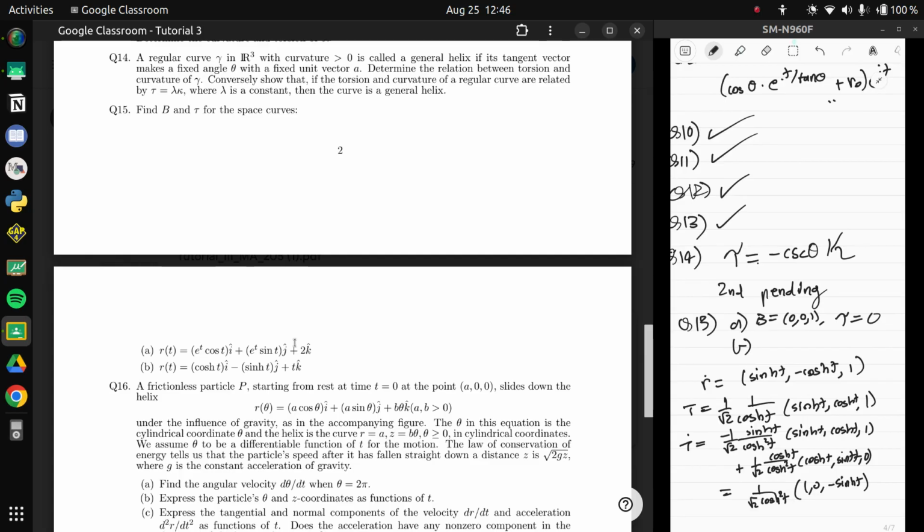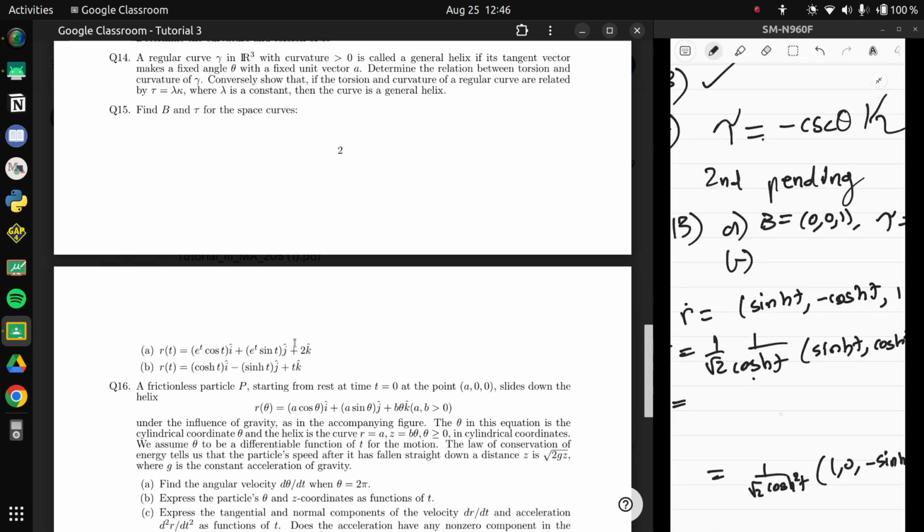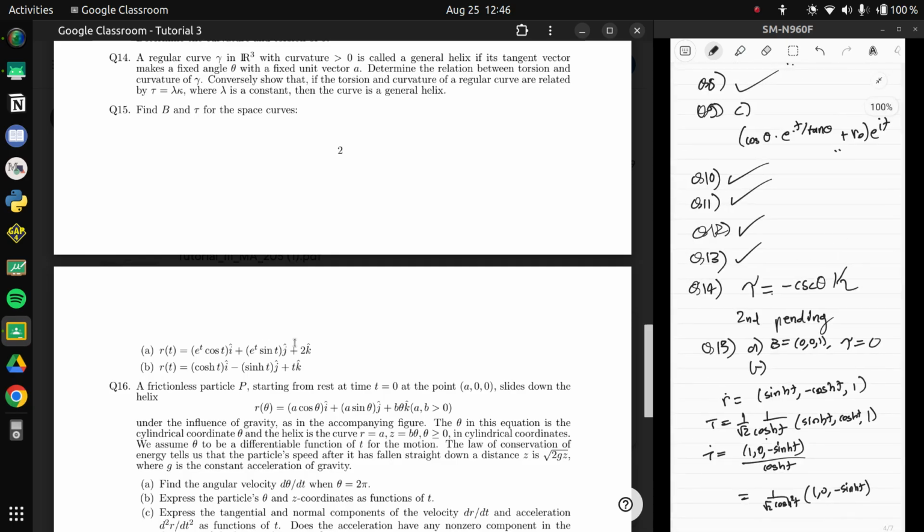Okay, so you got your t dot. You will try to normalize that, and in normalizing we'll just have cosine h of t in any case. So it's basically just 1, 0, minus sine h of t upon cosine h of t. So you got these two.